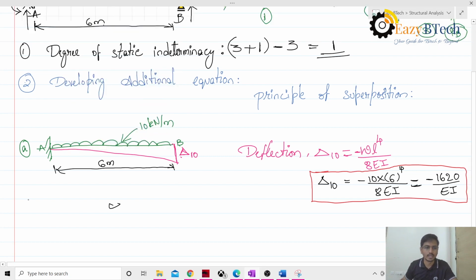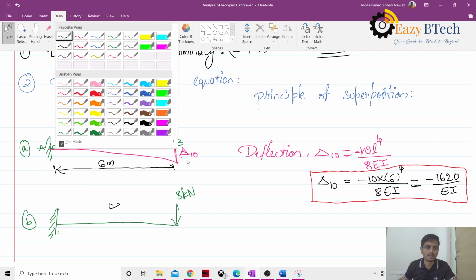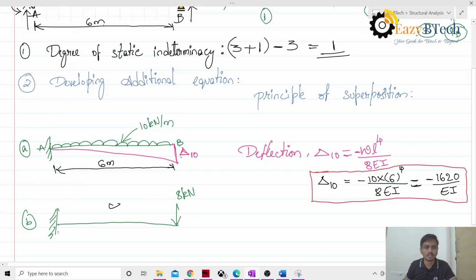So we'll take the second beam, that is a cantilever with a point load of 8 kN. Before drawing the distance, let me draw the deflection diagram here. So the deflection will be like this. This deflection I will represent by delta 8.